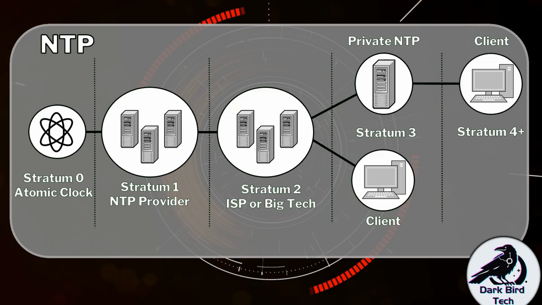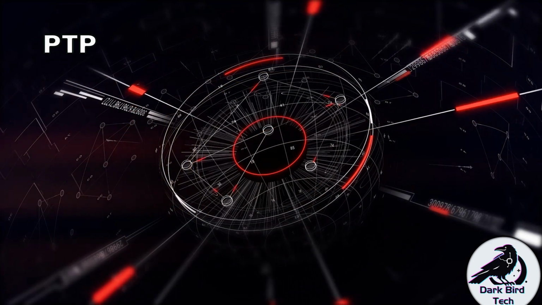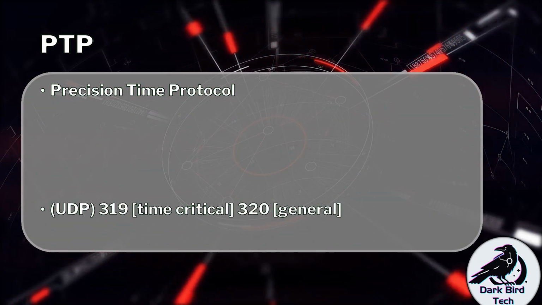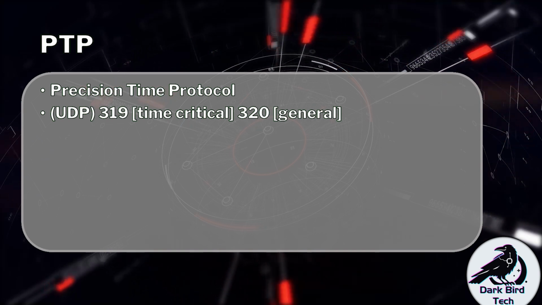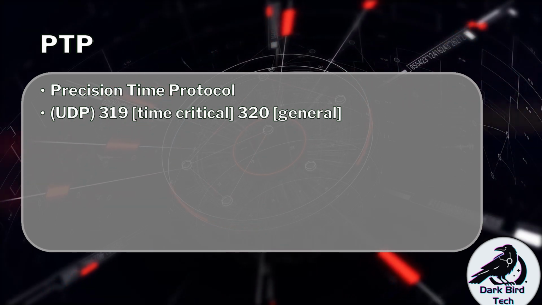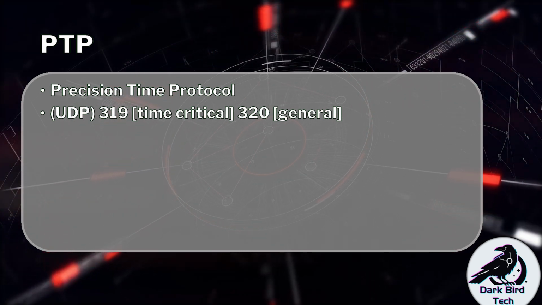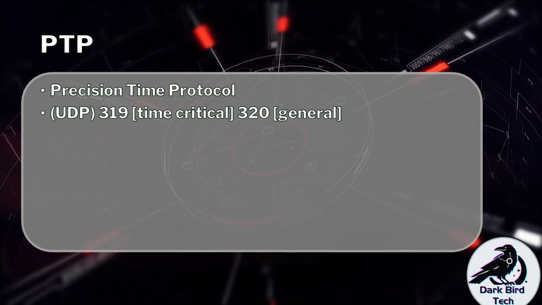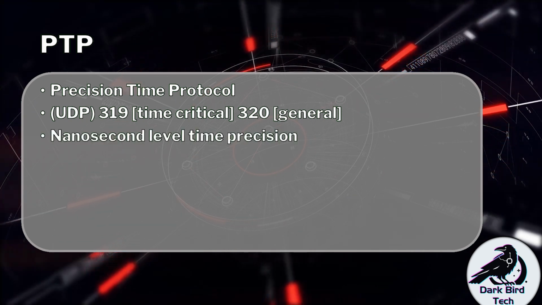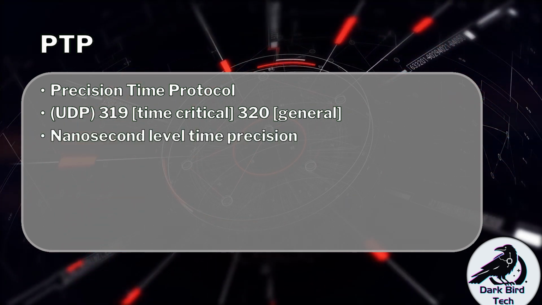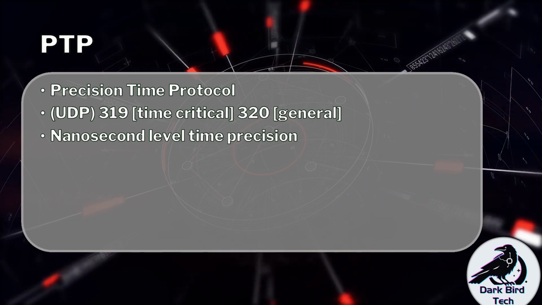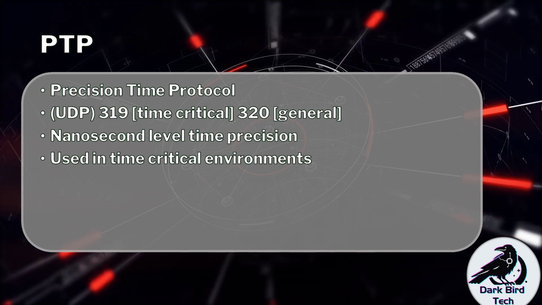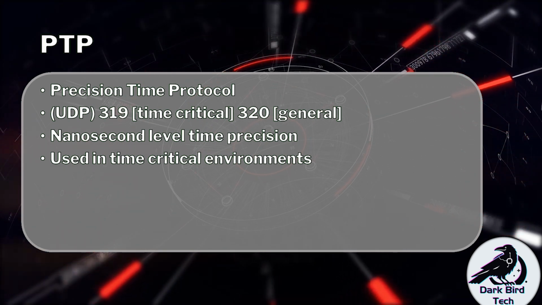But we have another time protocol now that we could look at using, PTP, or Precision Time Protocol. Now this one also uses UDP, but it's got 2 port numbers. 319 for anything that is supercritical with accurate time, and 320 for general messaging. And unlike NTP, PTP does a nanosecond level of time precision, and is often used in environments where time is critical to be accurate, precise, and that accuracy and precision being down to a nanosecond level.